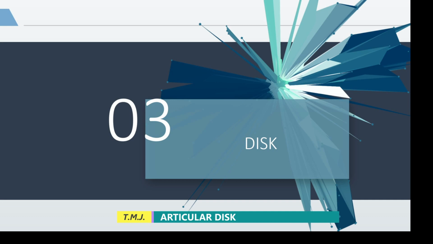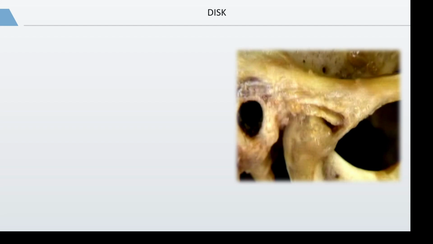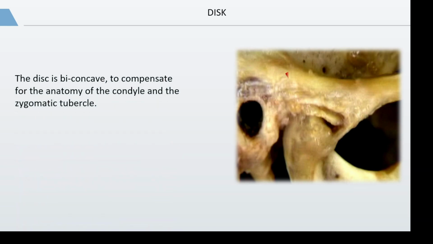And now we go into the main part of our joint, the disc. The disc is between the condyle and the cavity.